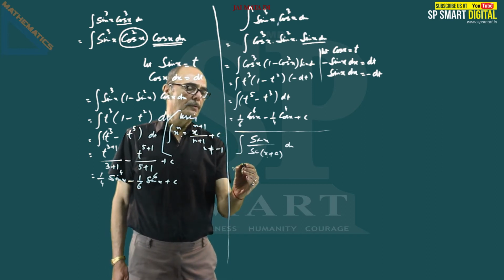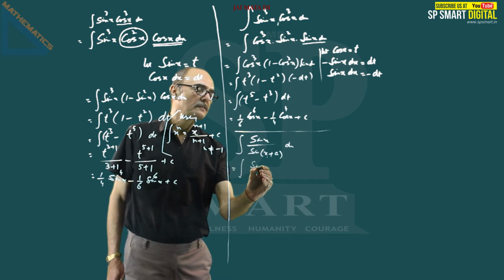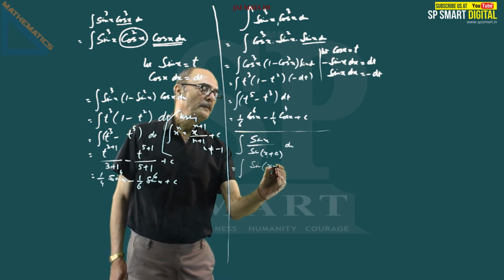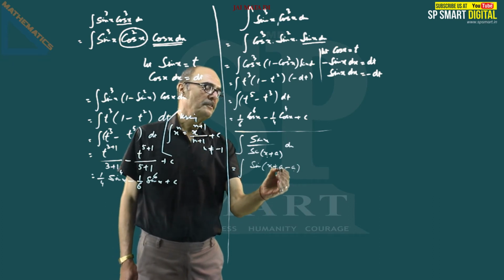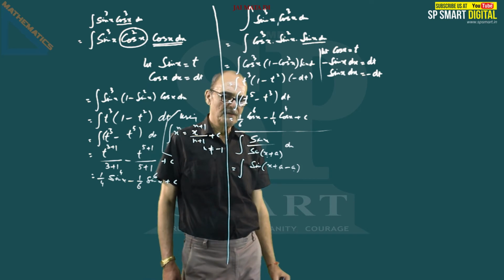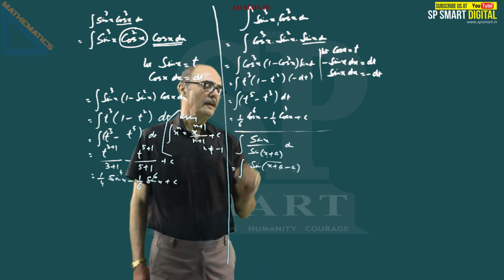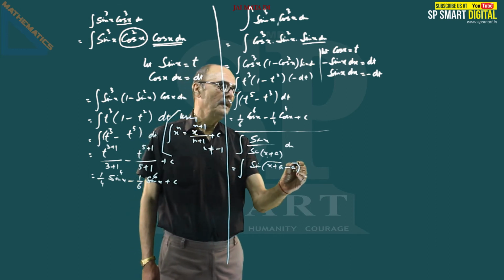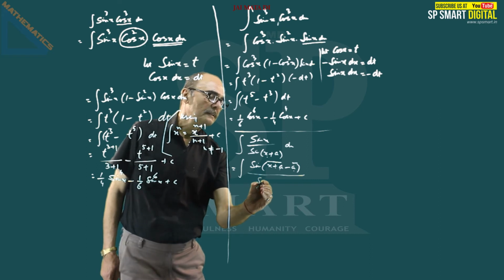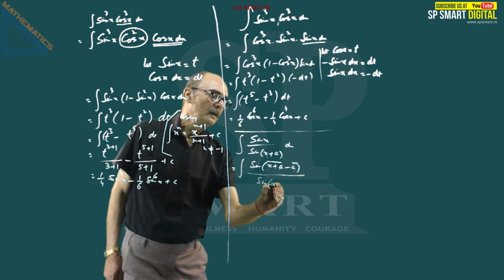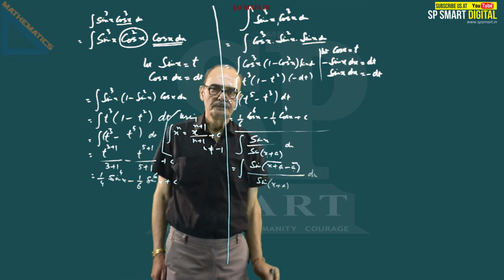So, to find the integral of this, we create sin of x plus a minus a. This minus a and plus a will get cancelled, you are again left with sin of x. Now, treat this as a and this as b, divided by sin of x plus a, dx.